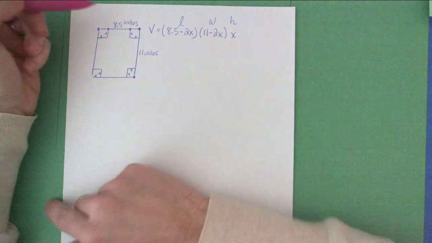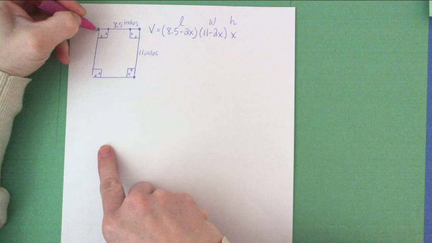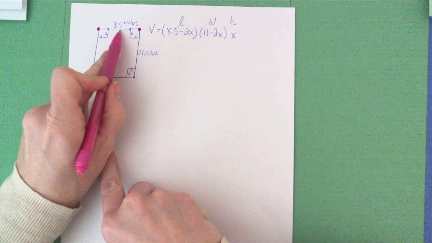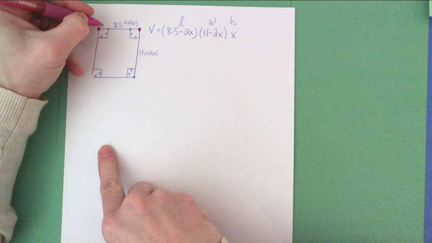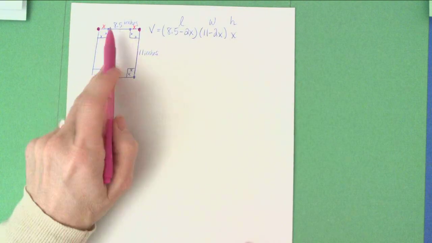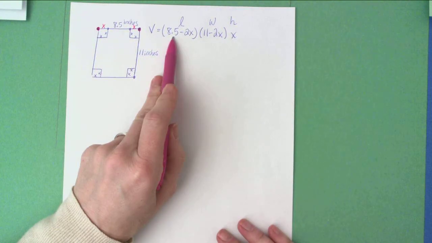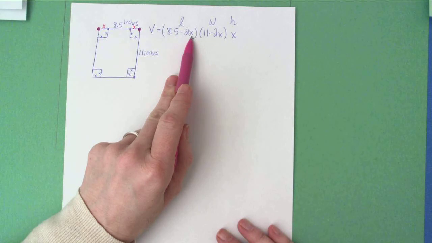So the side that was 8.5 inches, so the top and the bottom, from here to here, used to be 8.5 inches before I cut anything out. But what happened is I cut X inches here and X inches here. So now instead of having 8.5 inches, I actually have 8.5 inches minus two sides, each at length X inches.